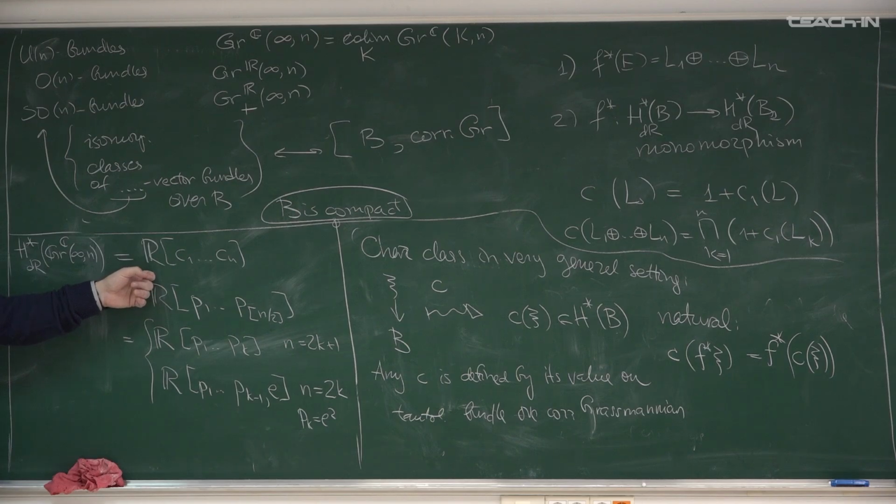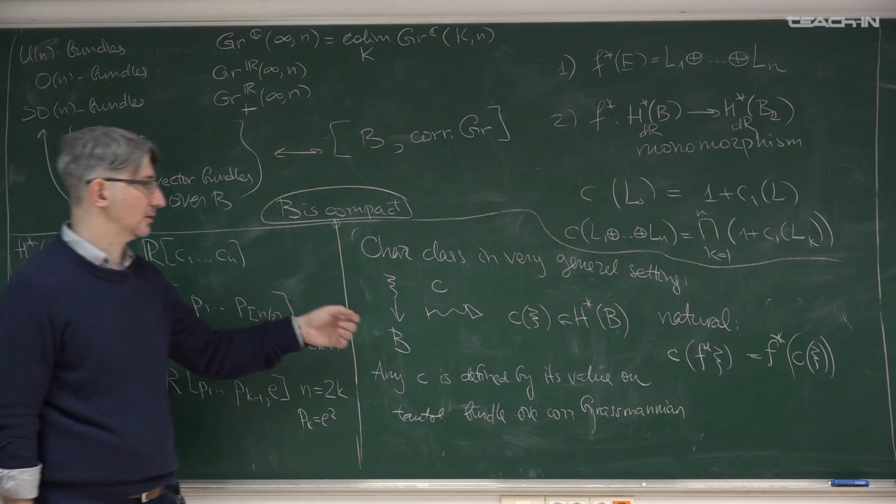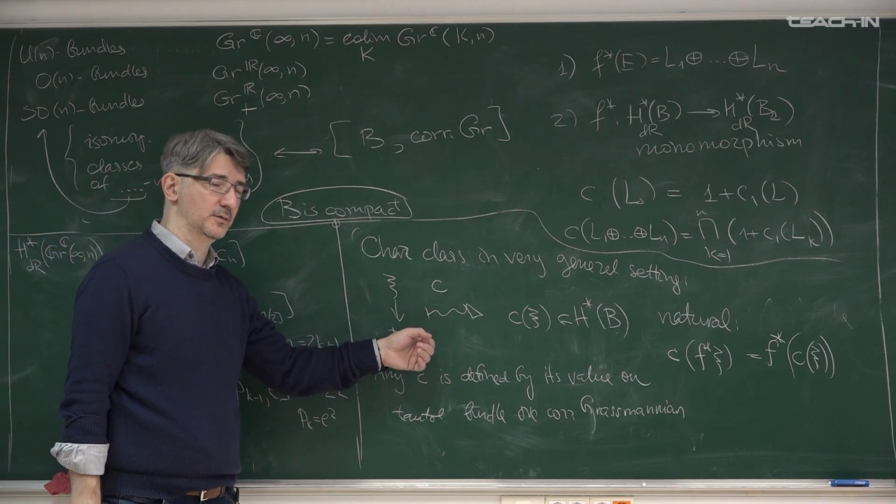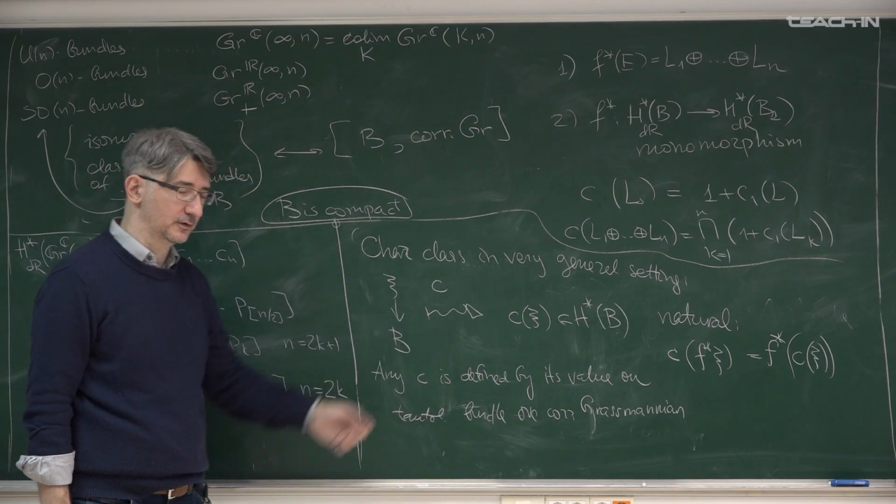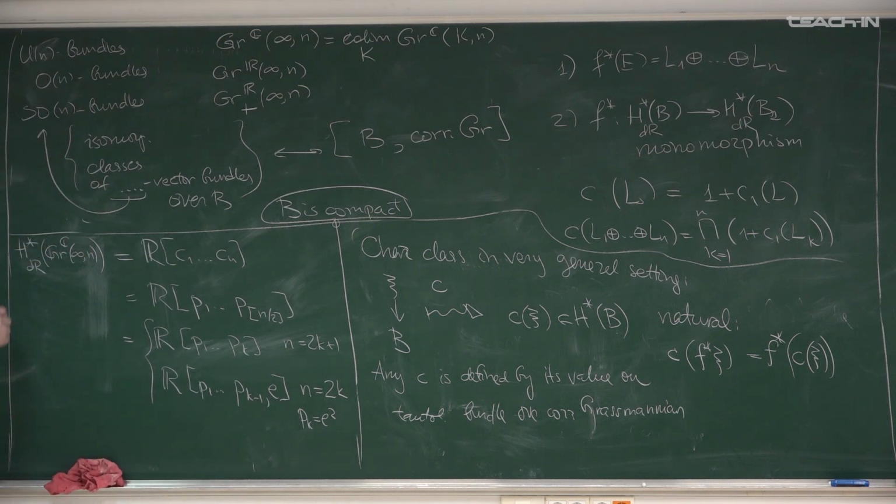That means that Chern-Weil construction gives you all characteristic classes which can be obtained from algebraic topology approach of this type. Same happens here. If you take cohomology of real Grassmannian, you will obtain this formula.